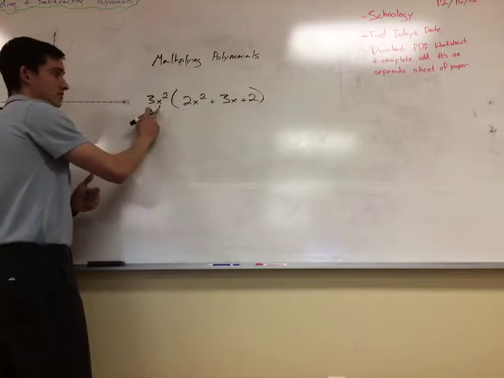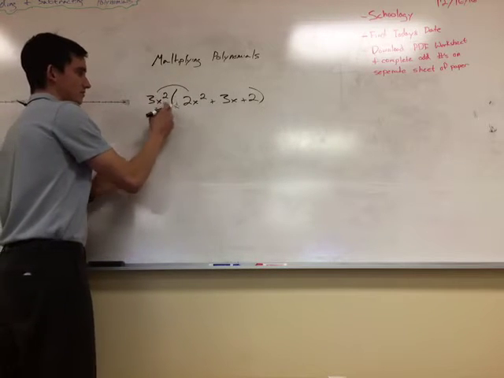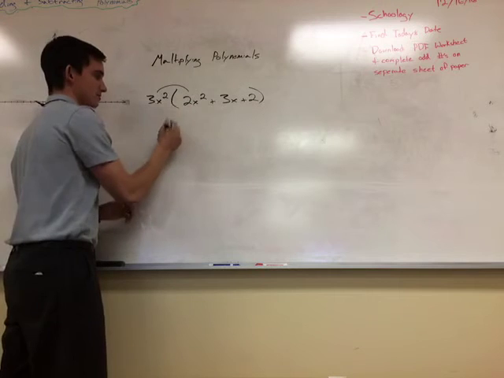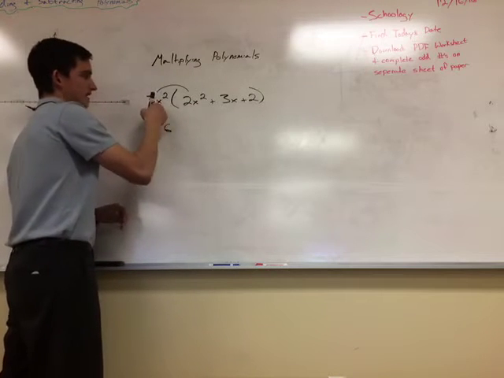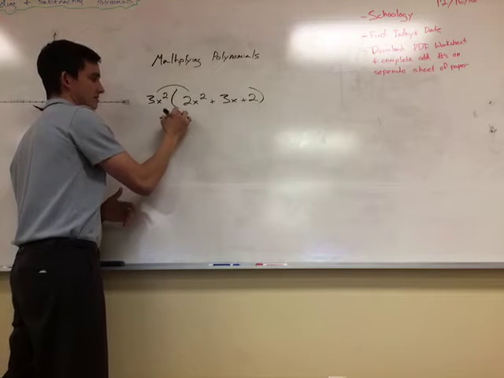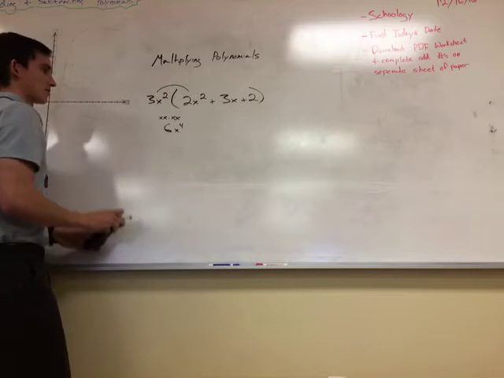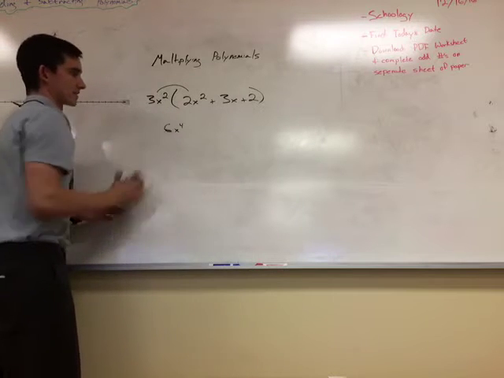Okay, so I have 3x squared times 2x squared, so it's just like distribution. Multiply the numbers first, so you have 3 times 2, 6, and then x squared times x squared. So think about it, 2 x's times 2 x's, you got 4 x's, so you have x to the 4th power. Or you can just add your exponents together.